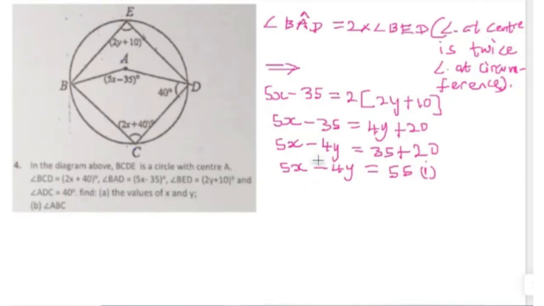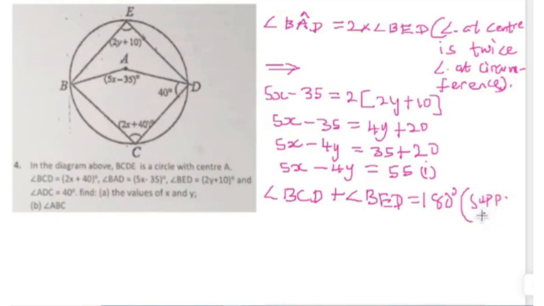So angle BCD plus angle BED will give us 180 degrees. The reason for this is they are supplementary angles. Good.